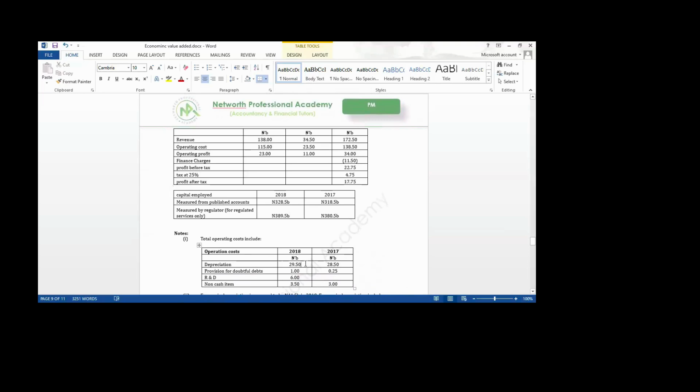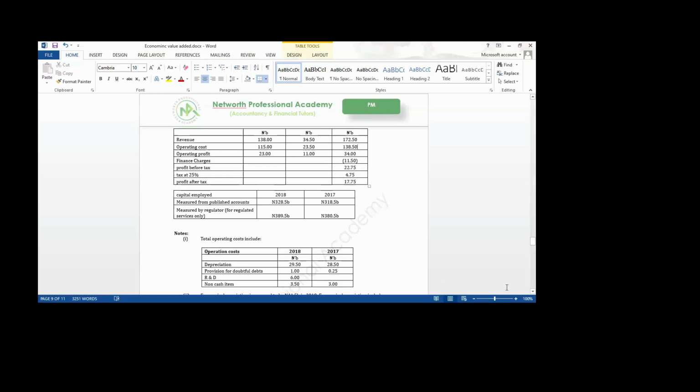That means this operating cost I have here includes depreciation of 29.5 million, provision of 1 million, research and development costs was included in 2018.